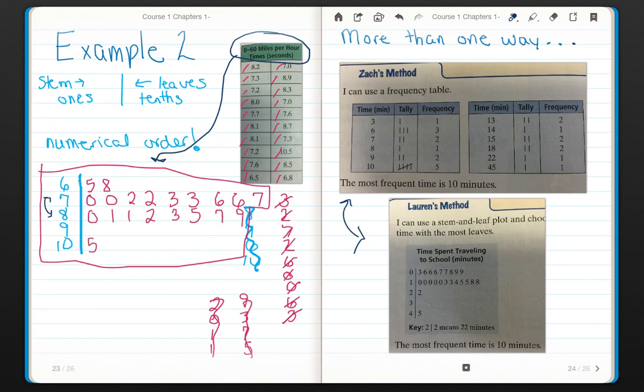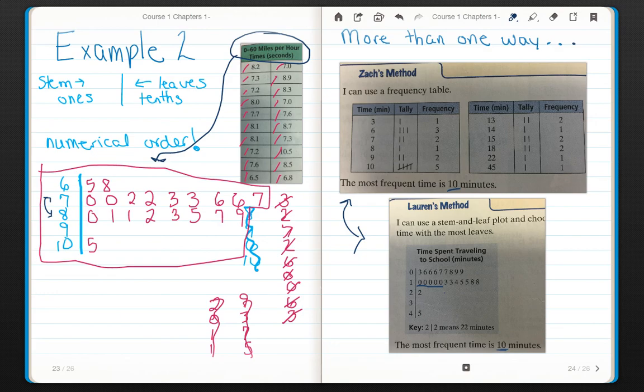So Zach decided to make a frequency table, and he found that the most frequent time is 10 minutes. It takes the most number of students 10 minutes to get to school. Lauren made a frequency table, and she found the same thing, that the mode of the data is 10 minutes. Different ways to show the same data.